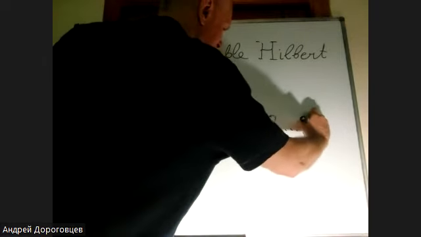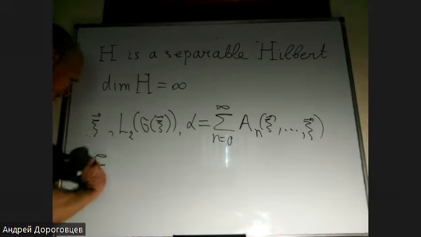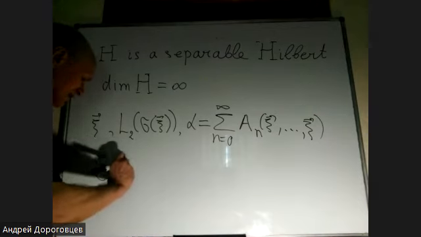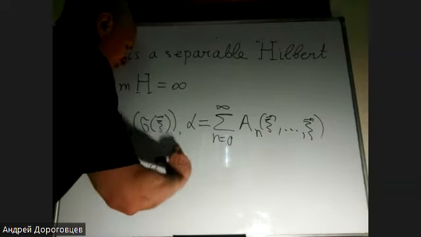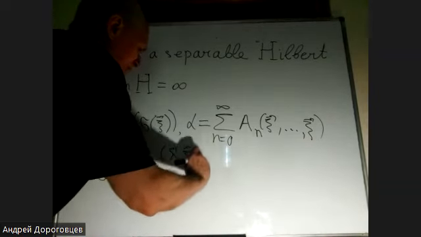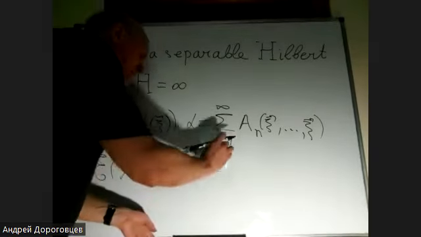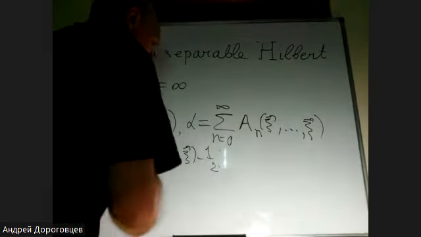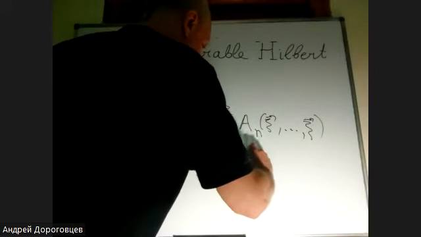We discussed the stochastic exponent, E_lambda equals exp of lambda xi minus 1/2 of the norm of lambda squared.